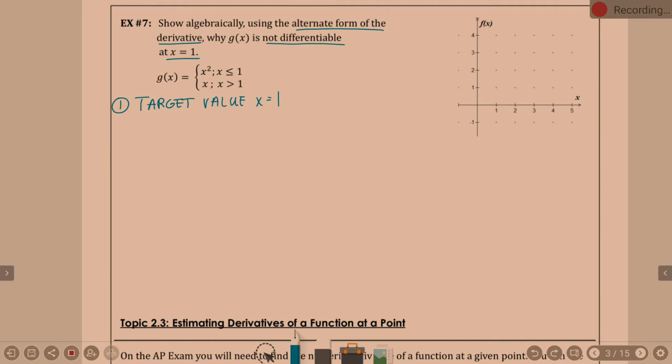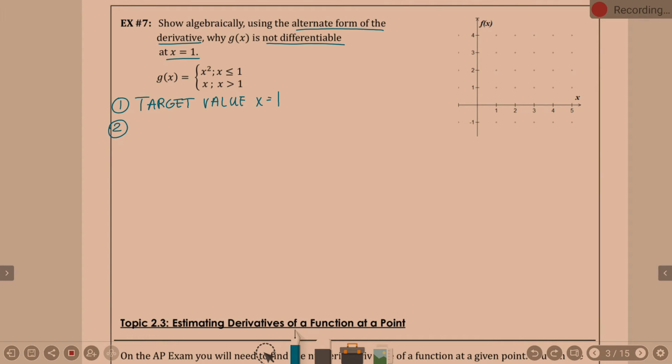Now, as we think about this, we're trying to prove differentiability, yes? What do we need to consider here? You got to do the f of x minus f of a over x minus a. Okay. In other words, we need to find the derivative, yes? And our method to finding the derivative right now is one of our limit definitions.